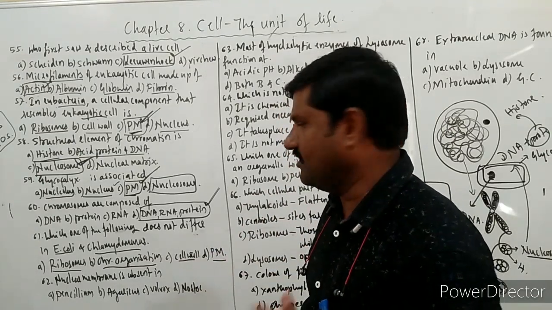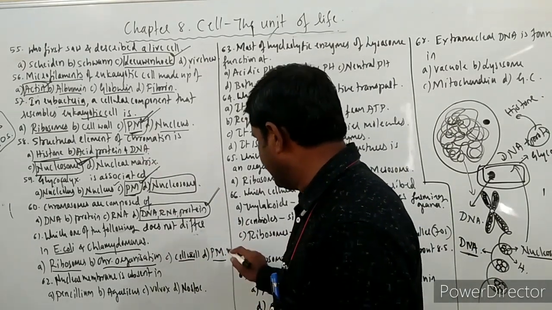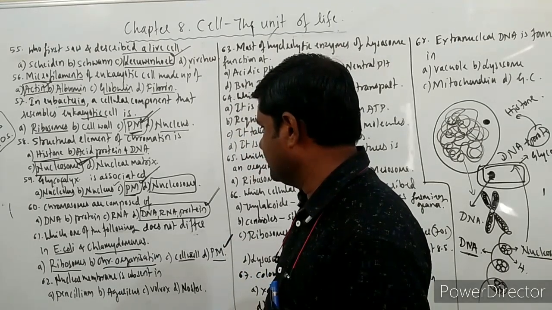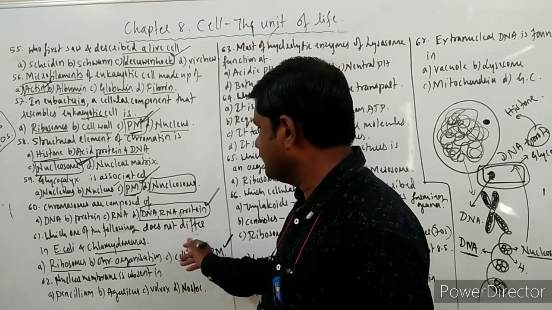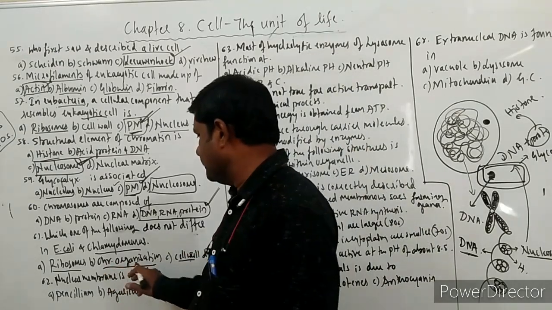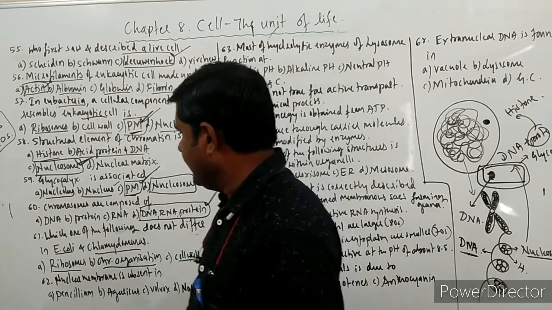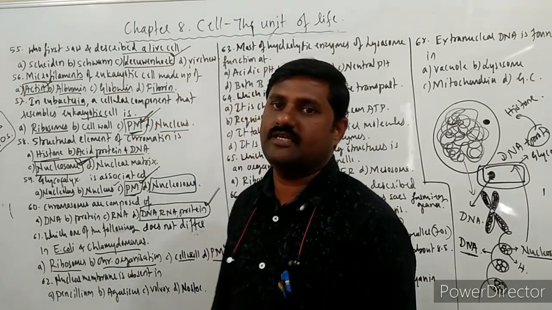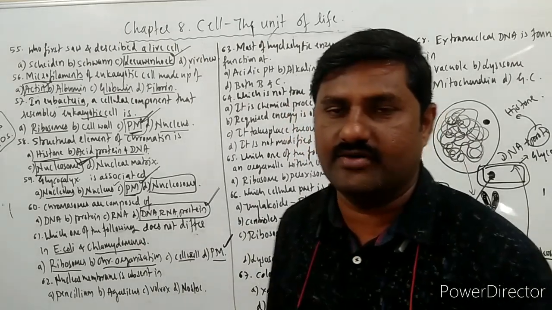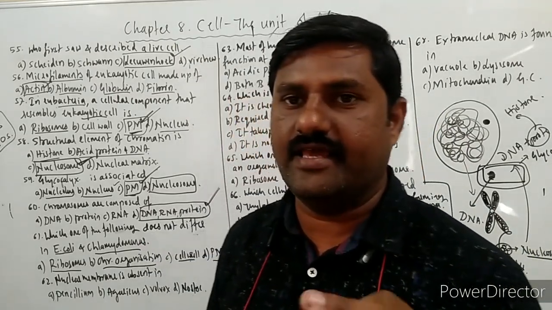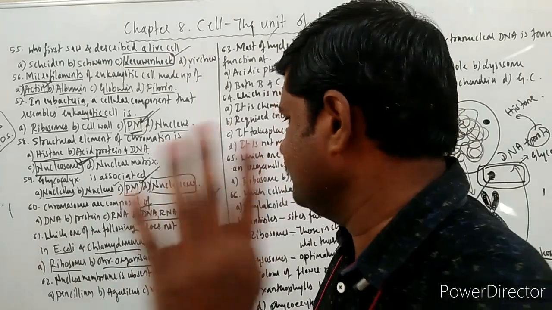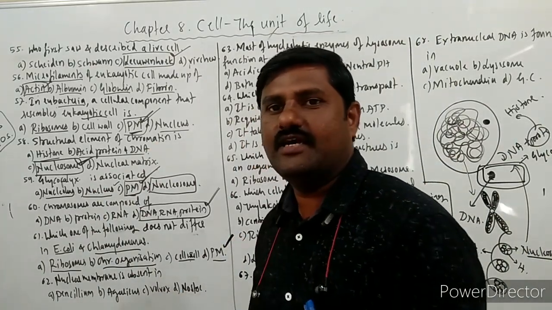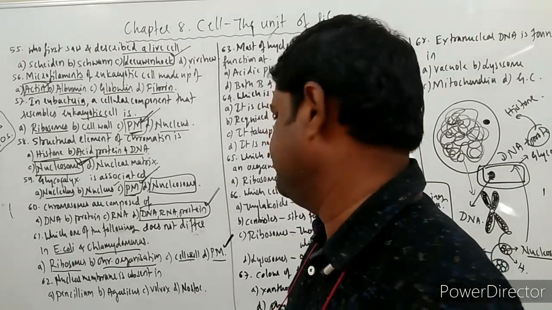We already solved this in the previous bit: plasma membrane is similar among them. But in case of cell wall there is a difference. In case of chromosomal organization it is also different. In case of ribosomes it is also different. Why? Because ribosomes are 70S in prokaryotic cells and 80S in eukaryotic cells. It is also very clear to us. Then what is the correct answer? Option D, that is plasma membrane.